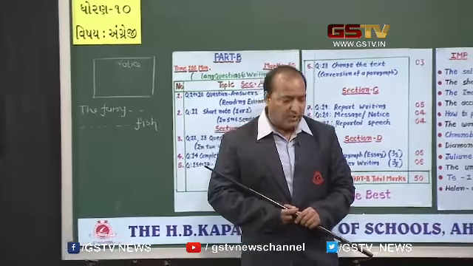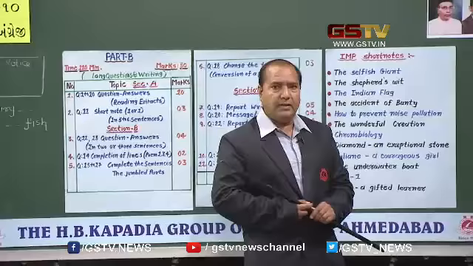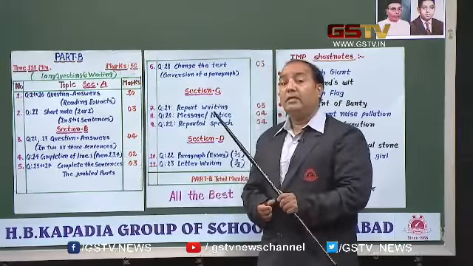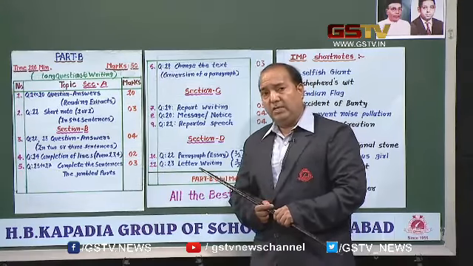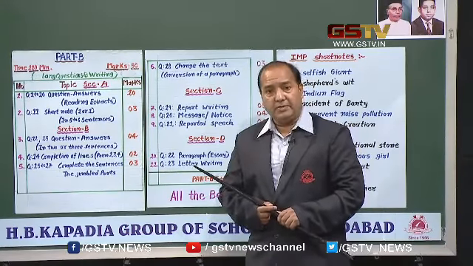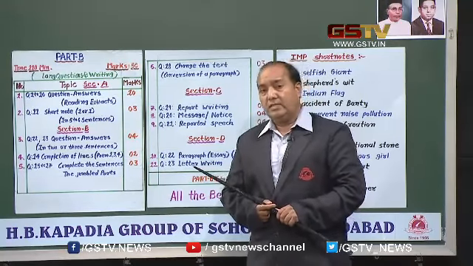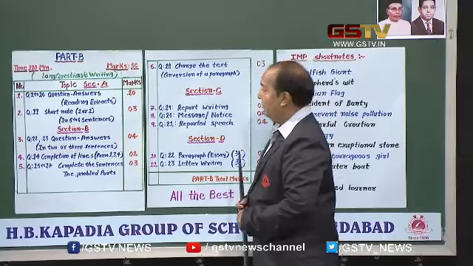But in this question you must mention who is writing the notice at the end, and the date, the place, and the last date of registration should also be mentioned.